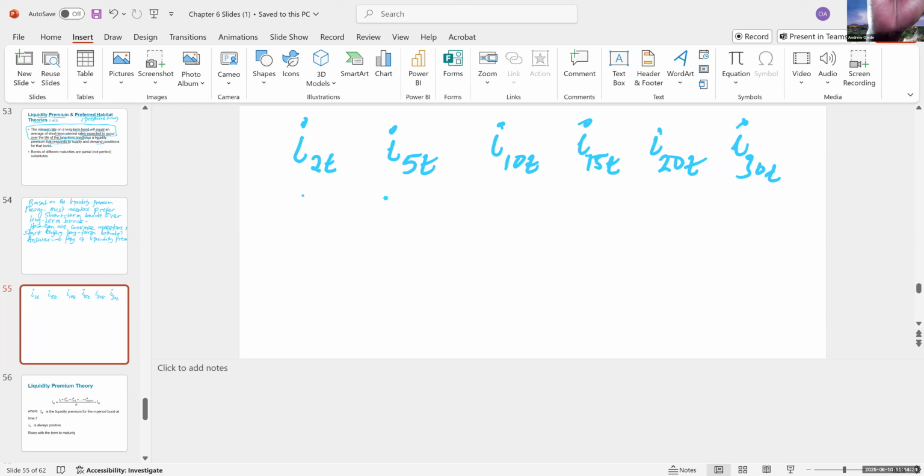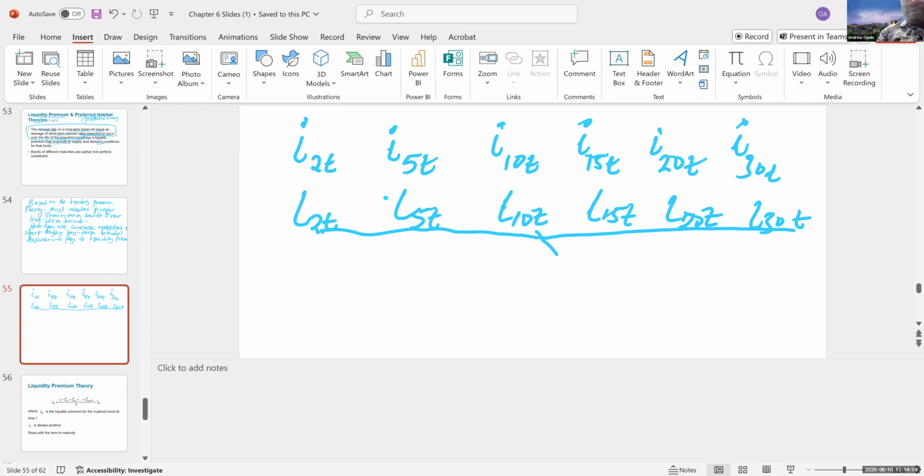So we're going to define L2T, L5T, L10T, L15T, L20T, and L30T. These L's are what we're calling liquidity premiums.